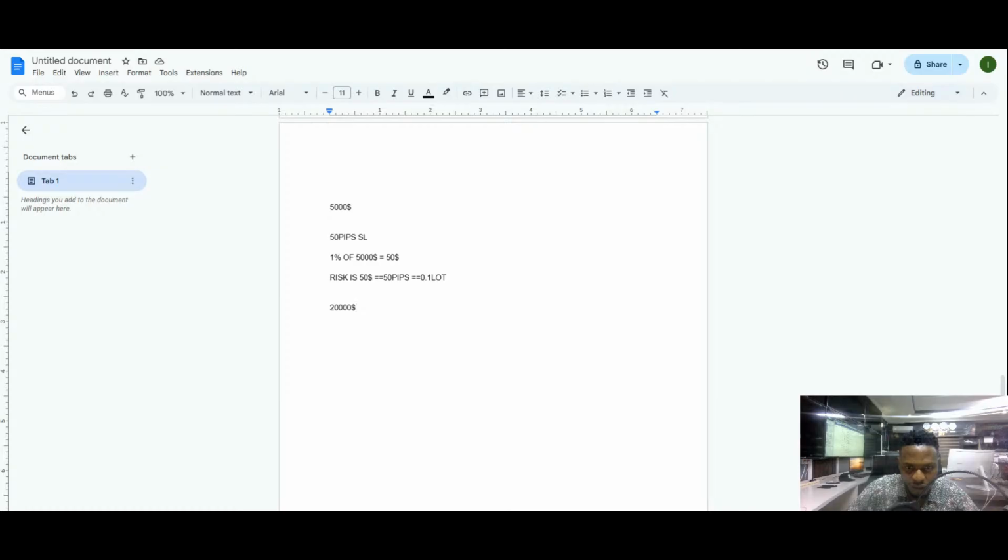So your lot size will be 0.4 lots. This 0.4 now stands for 1% of 20K. That means you are risking $200 on 50 pips SL.